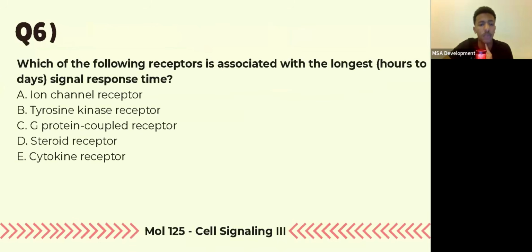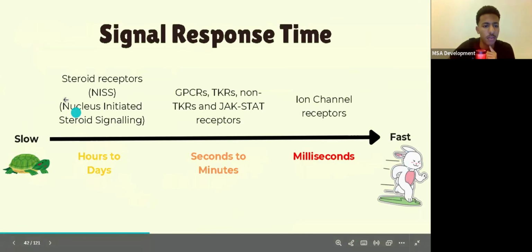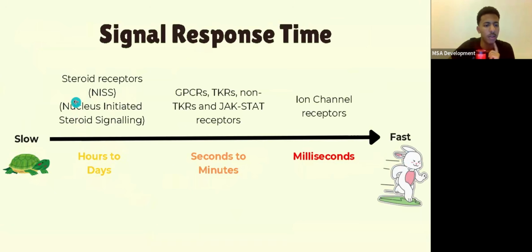Let's move on to question 6. Which of the following receptors is associated with the longest hours to days signal response time? I'll show the answer in 3, 2, 1. So pretty easy, you just have to memorize it. Moving from slowest to fastest, we're first going to find the steroid receptors. An example is nucleus-initiated steroid signaling.